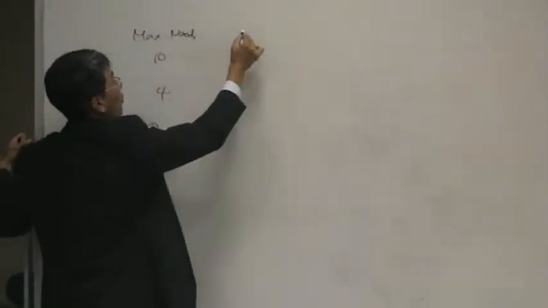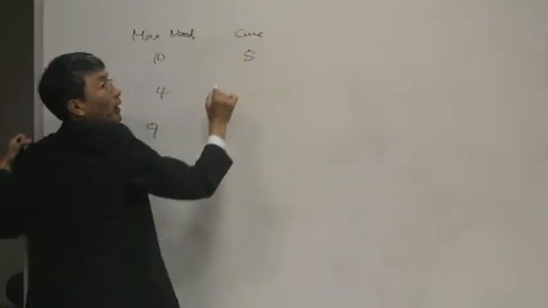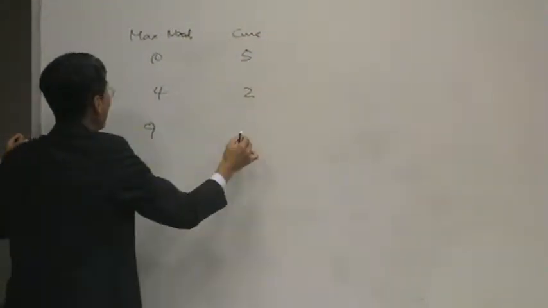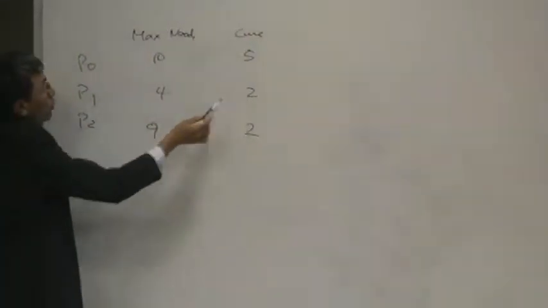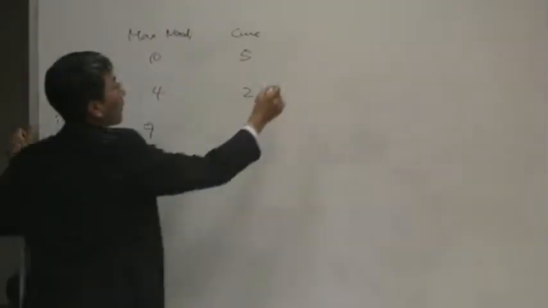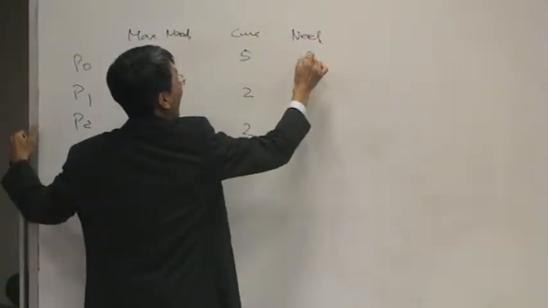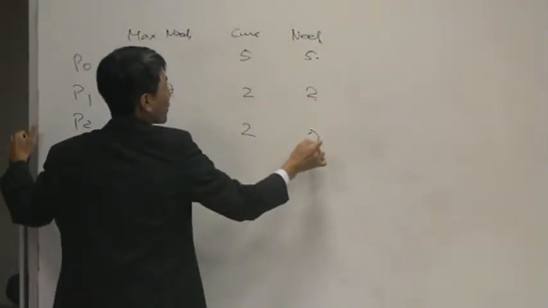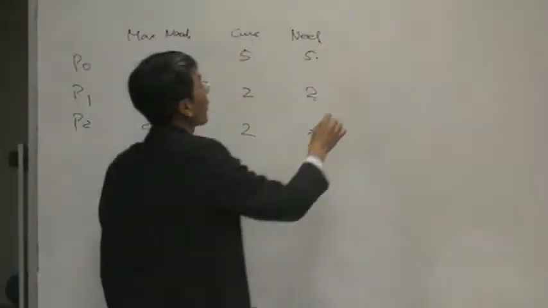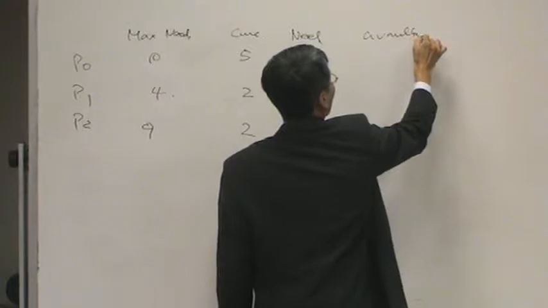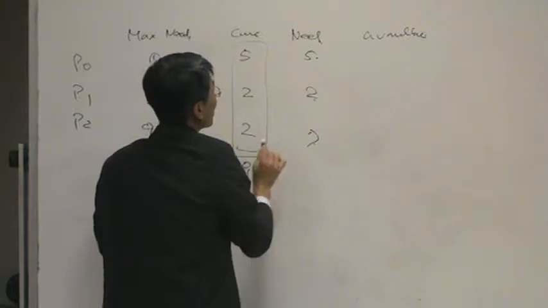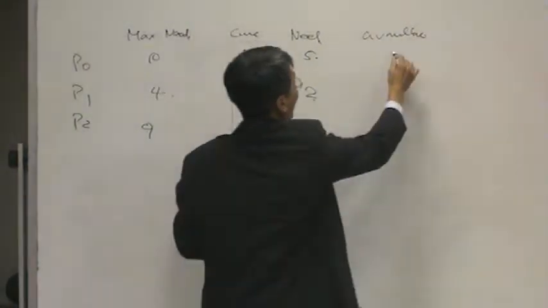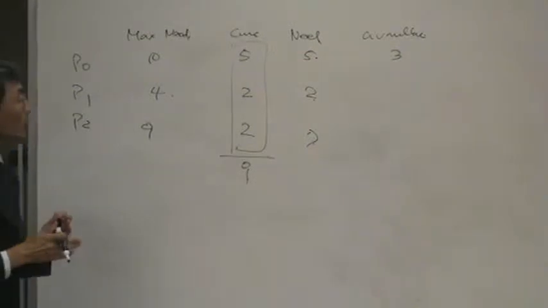Currently, P0 holds 5 of them, P1 holds 2, and P2 holds 2. They need 5 more, 2 more, and 7 more respectively. The total is 12, of which 9 are held, so currently 3 are available.